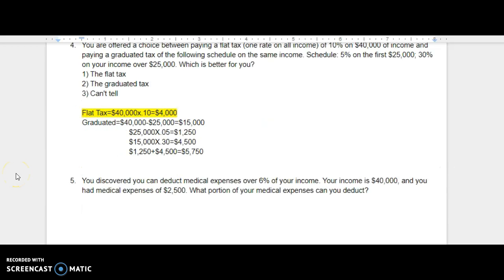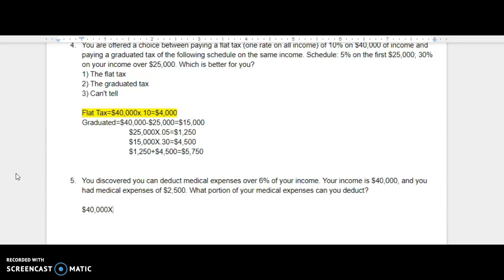All right, let's take a look at number 5. You discovered you can deduct medical expenses over 6% of your income. Your income is $40,000 and you had medical expenses of $2,500. What portion of your medical expenses can you deduct? So first thing, let's figure out 6% of our income to determine our medical expenses deduction.